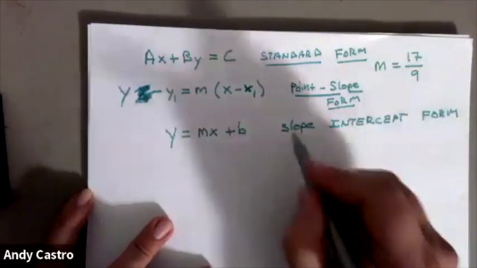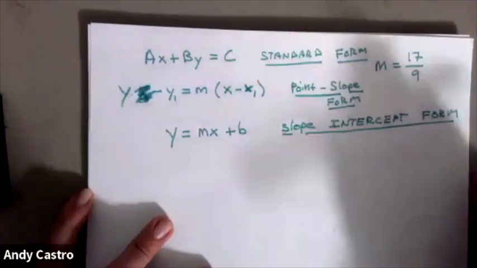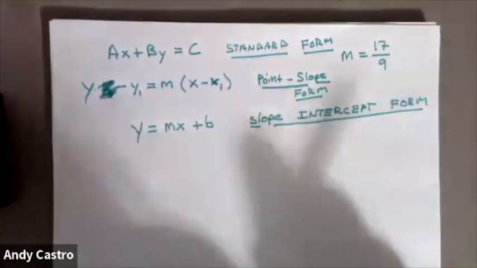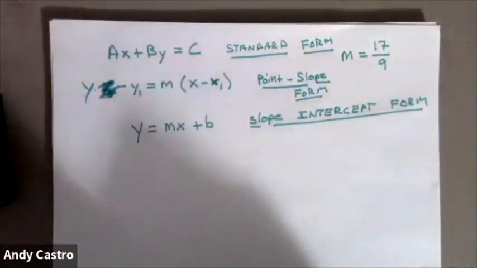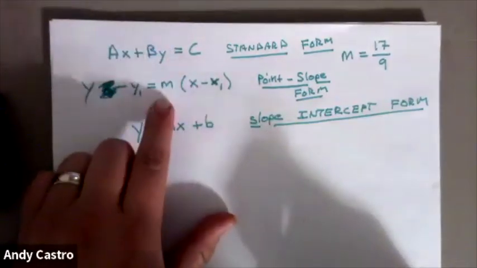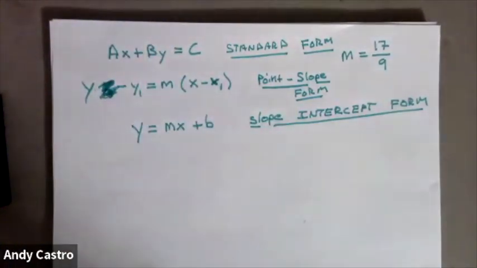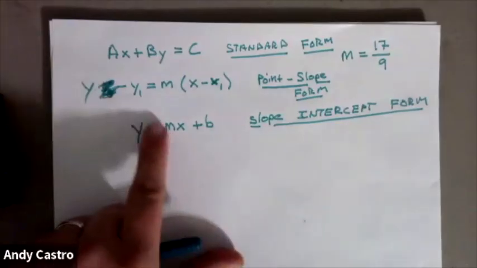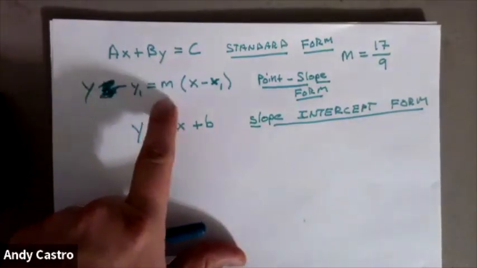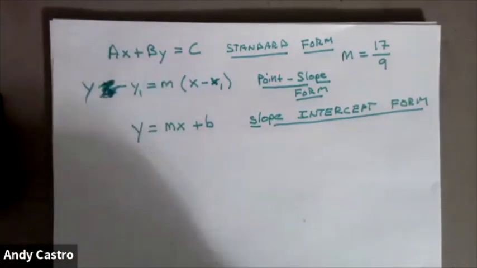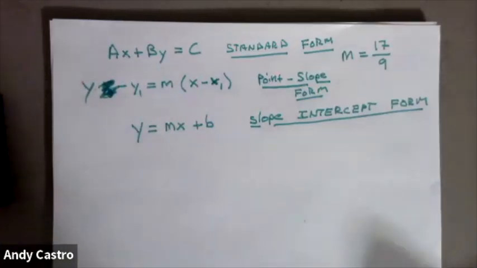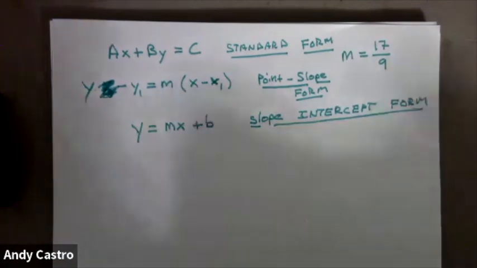Slope intercept form is the most common. The second most common is standard, and then the third most common is point slope form. In fact, when I made the worksheets for your homework, I didn't even have any point slope on there because it is pretty rare, but you can use it.